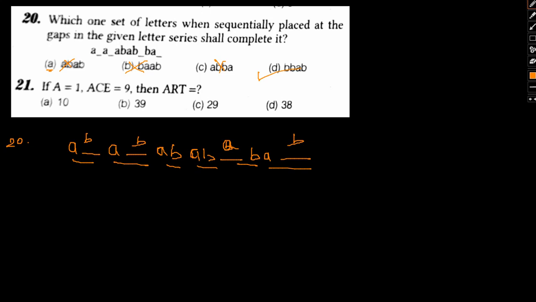Next up, we'll move to number 21. If A is 1, ACE is 9, then ART is? Since this is an alphabetical series related to alphabets and letters, let me just note down all the letters. Let me just draw the alphabet table.